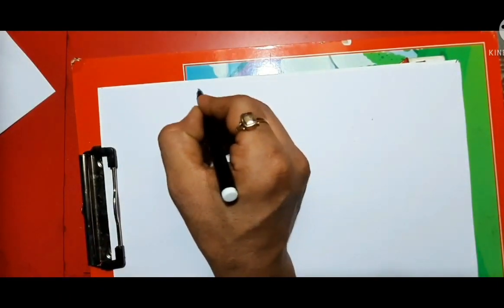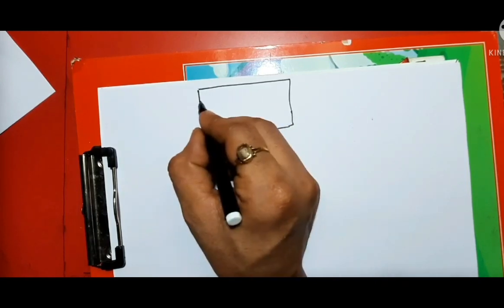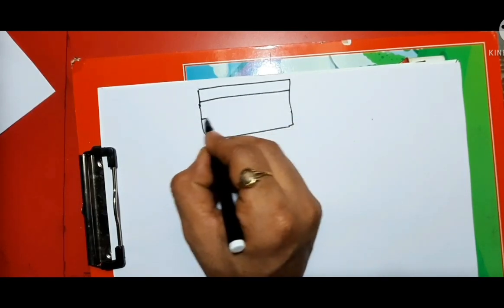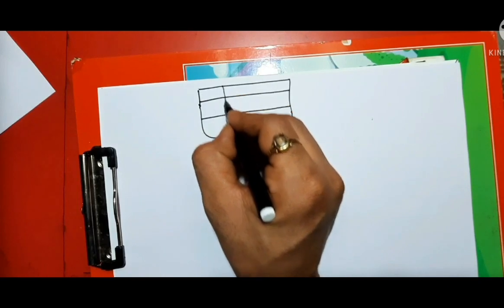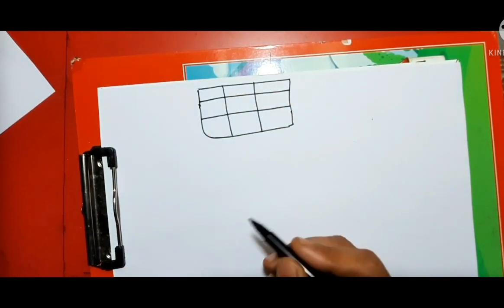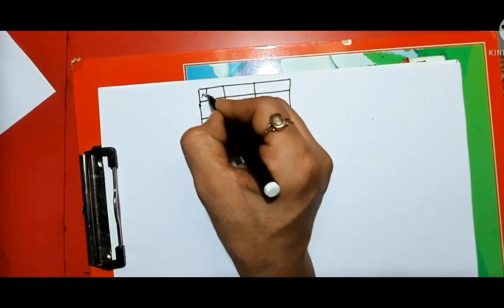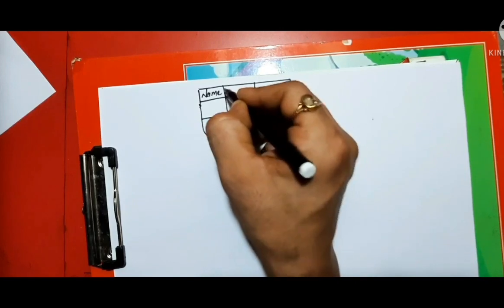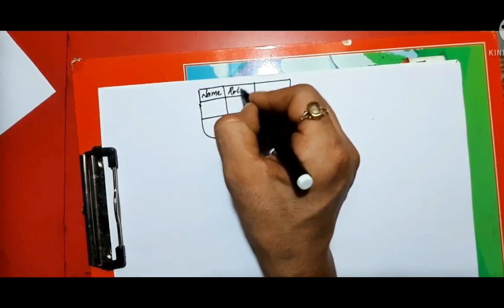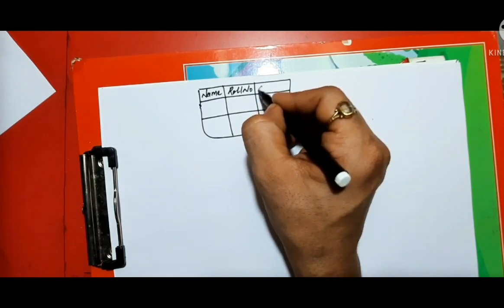Let me create a table. Let's say we have to create this table in HTML. I have this table, with 3 rows and 3 columns. I have something in these columns like name, roll number, and class.